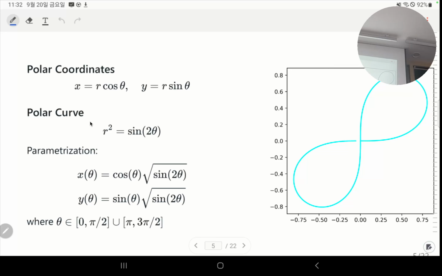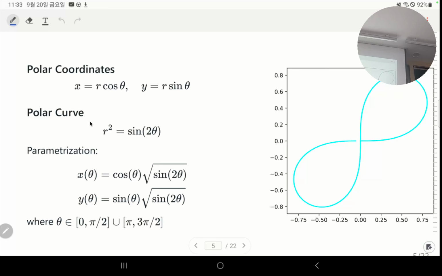For example, if you have a polar curve, meaning you're looking at a point whose location is represented by r and theta, and this is the equation that determines r and theta. You can see that r is also a function of theta, but in an implicit way, because we have a square here. But when you have such a curve, it's easier to find its parametric function, because it simply says you have the radius, the distance between the origin and the point, as the square root of sine 2 theta.